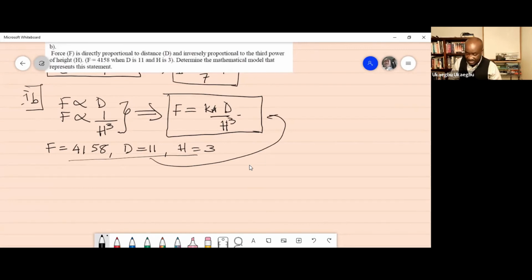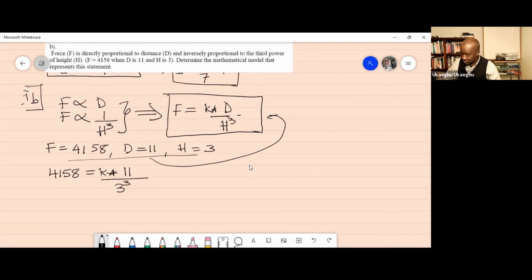So you write 4158 is equal to K, which is what you want to determine, multiplied by d, which is given as 11, then divided by 3 cubed.